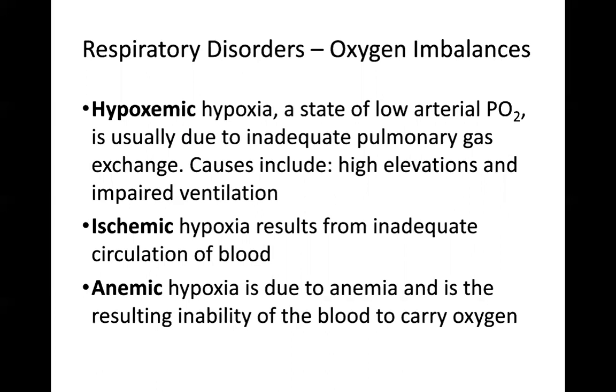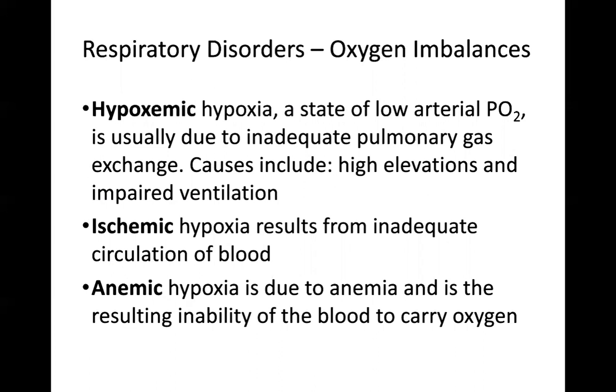There are actually several different forms of hypoxia, listed here on this page. Hypoxemic hypoxia is a state of low arterial PO2. PO2 is short for pressure of oxygen. Essentially, that means a state of low oxygen in your arteries, usually due to inadequate pulmonary gas exchange, which can be caused by going to high elevations or just having impaired ventilation.